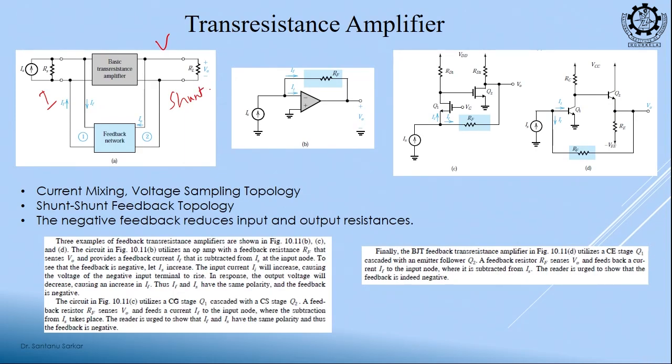Input side I want to give back current, subtract. So, that should be shunt, because series means same current flows. I want to add or subtract, so this is also shunt. So, transresistance is shunt. So, terminology you understand?